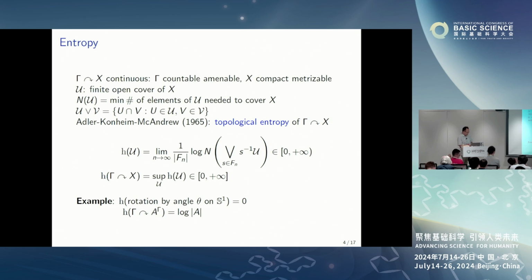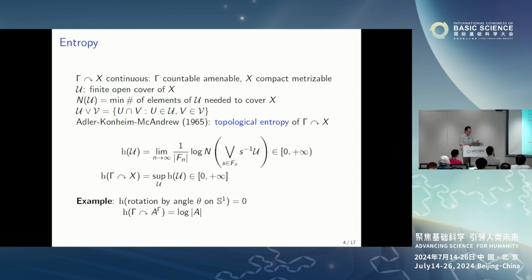On the other hand, for any amenable group, for any finite set A, you can look at the shift action of Gamma on A^Gamma. You take a copy of A for each element of your group, take the product of them, and the group acts on itself by either left multiplication or right multiplication.